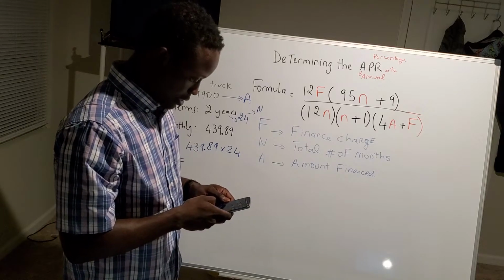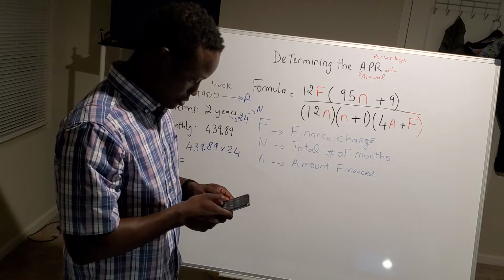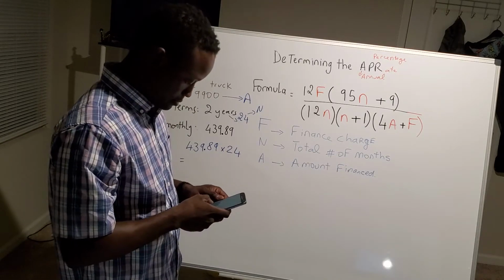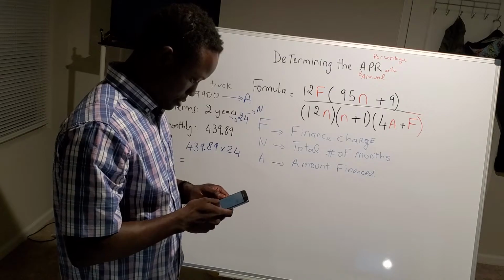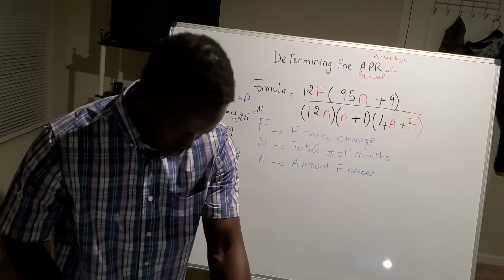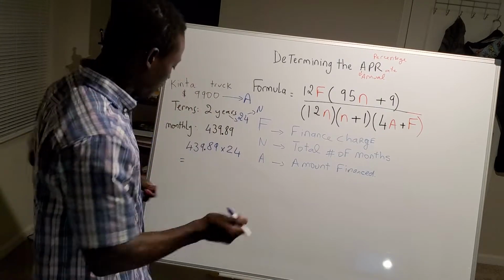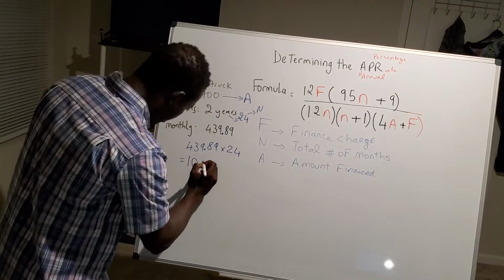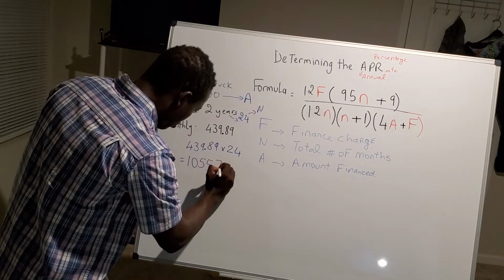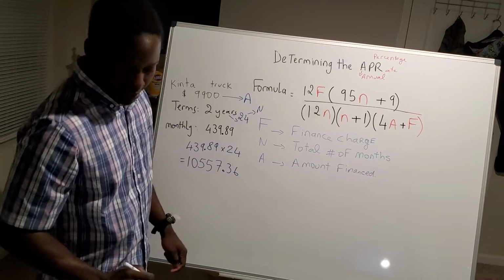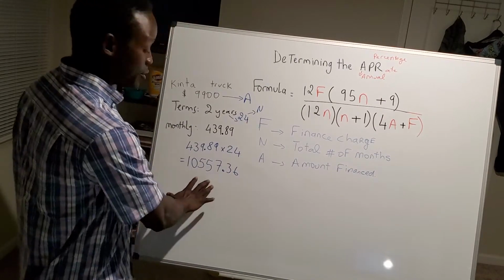All right, 439.89 times 24. So that's 10,557.36, right? Now this is my total payments.